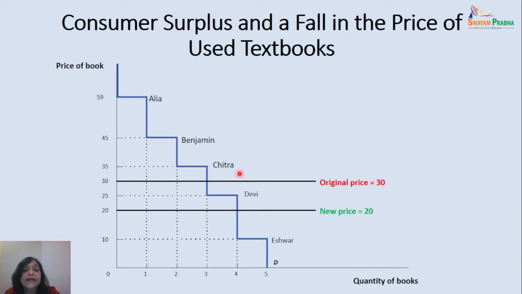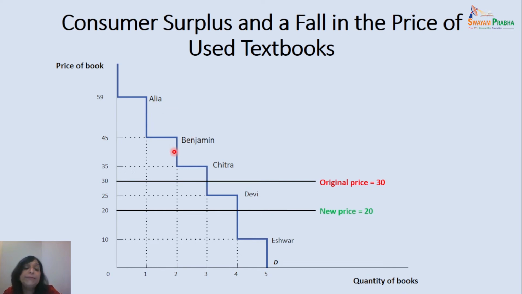Now, when the price has reduced from 30 to 20, her consumer surplus will increase to 35 minus 20, that is 15. Instead of 5, her consumer surplus will now be 15. In a similar situation, we will see that Benjamin's consumer surplus and Alia's consumer surplus will also increase.